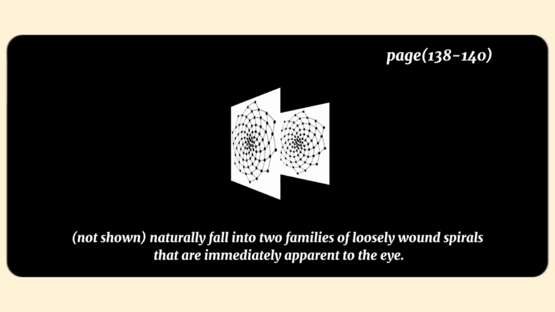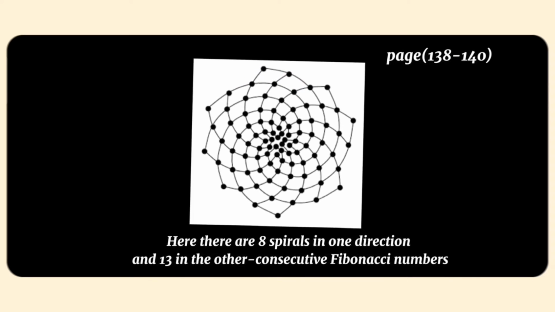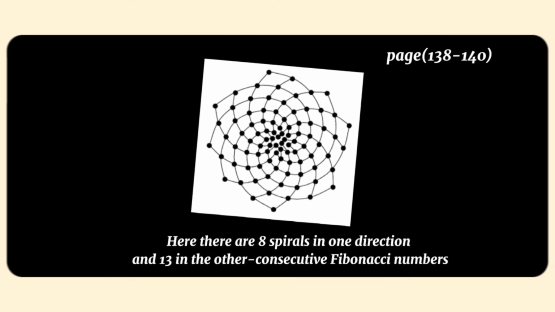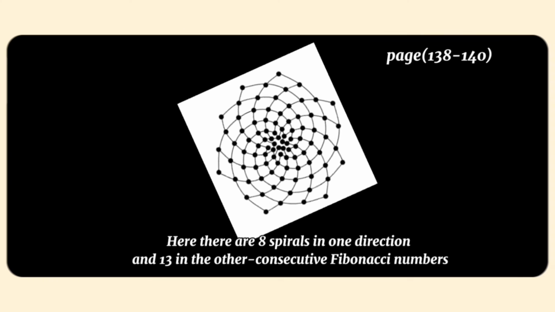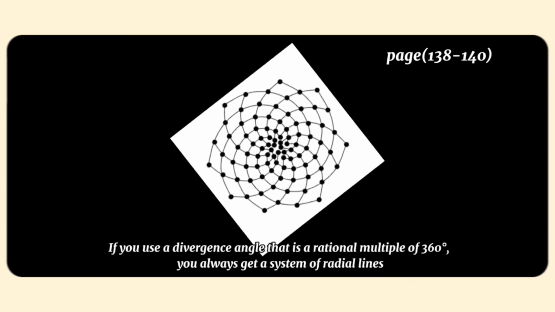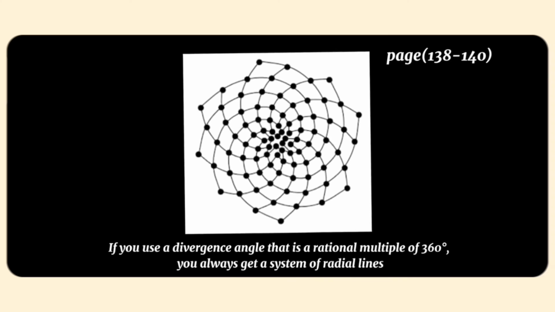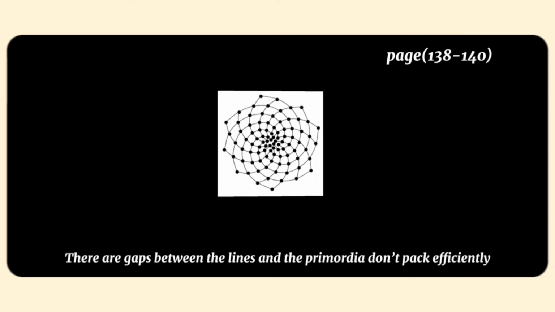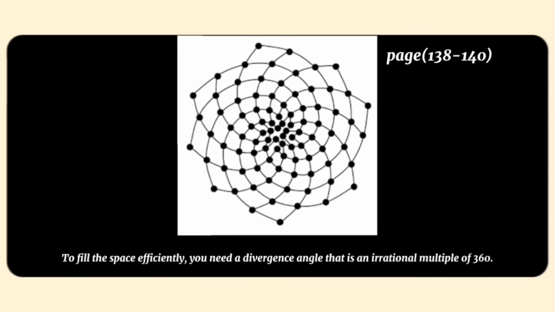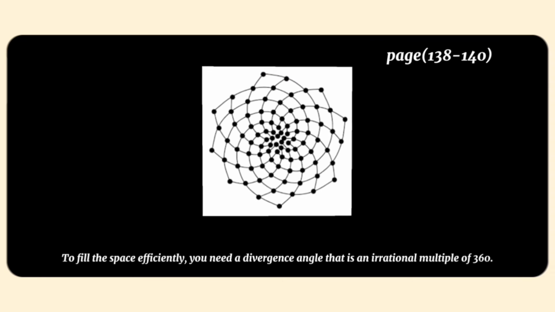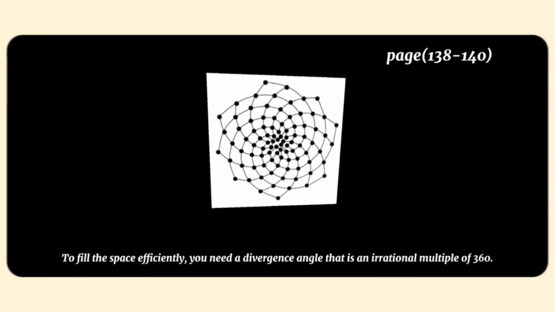Here there are 8 spirals in one direction and 13 in the other, consecutive Fibonacci numbers. If we use a divergence angle that is a rational multiple of 360 degrees, you always get a system of radial lines. There are gaps between the lines, and the primordia don't pack efficiently to fill the space. You need a divergence angle that is an irrational multiple of 360.